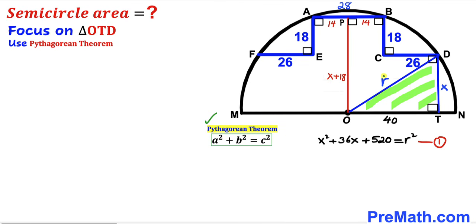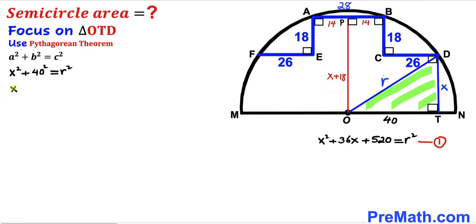In our case, our hypotenuse is lowercase r, whereas our two other legs are 40 and x. Let's fill in the blanks. So we got x square plus 40 square is going to be equal to r square. Let's simplify. We are going to get x square plus 1600 equals r square. I'm going to label this one as our equation number 2.